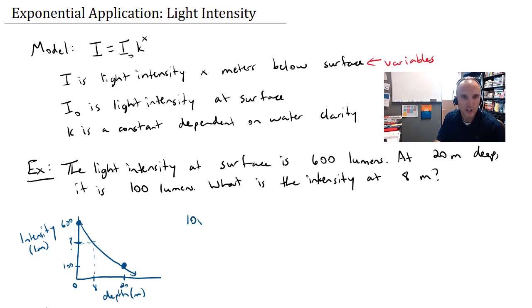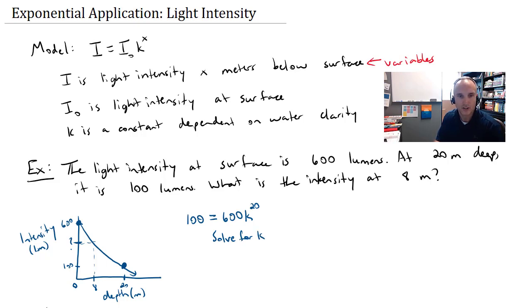I also know my intensity at the surface is 600, so I naught is 600 times k, we don't know our value of k, to the x. Now we need to solve for this constant k to get our model.